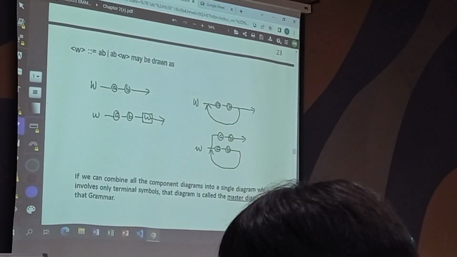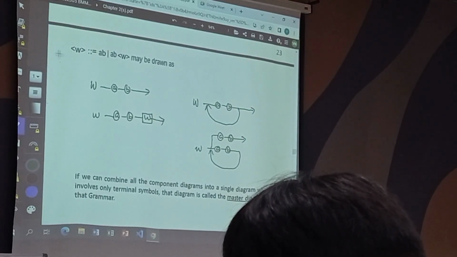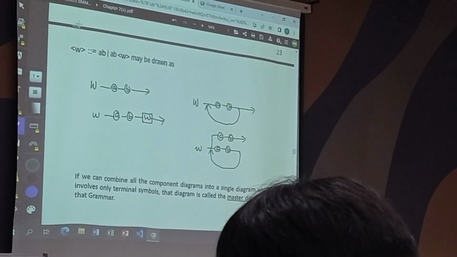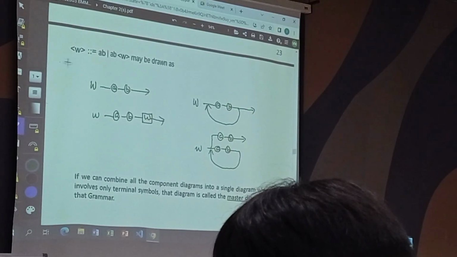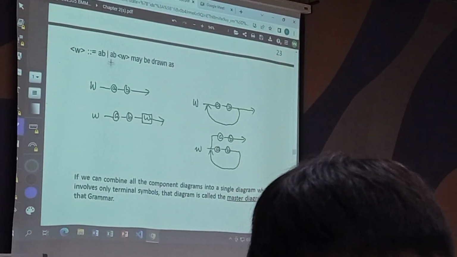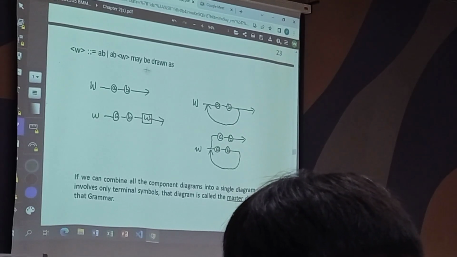If let's say the substitution given to you is not only one non-terminal at the left, let's say we have more than one. Here is V0, and then you have W, and then you have V1, and so on. If we want to combine all the syntax diagrams in one diagram, then we will call that diagram a master diagram.